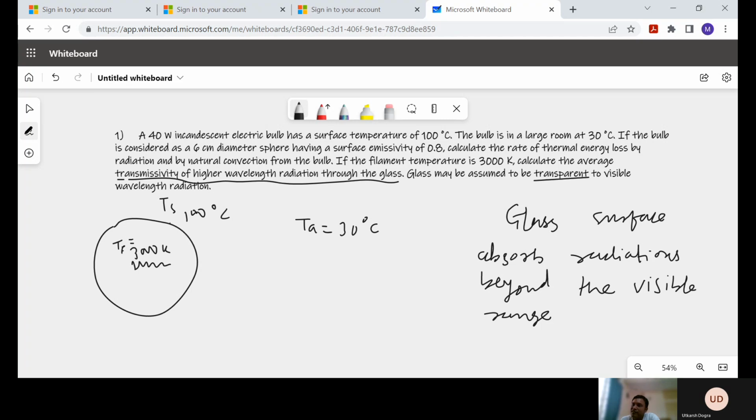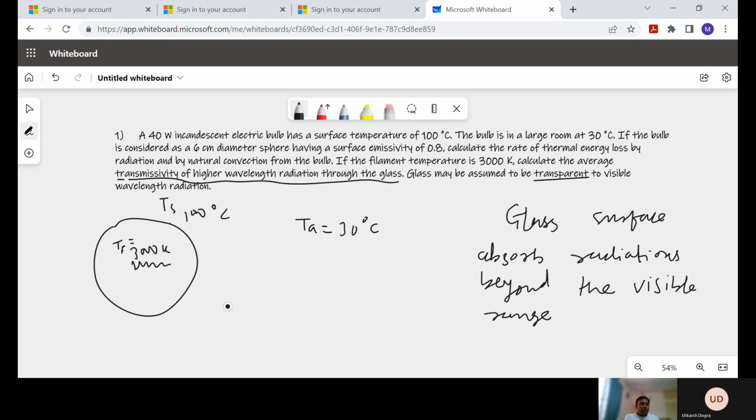That particular radiation divided by the total radiation beyond this visible range will give the absorptivity of this glass, isn't it? And 1 minus the absorptivity of the glass will be the transmissivity. Correct? Because there is no reflection here. Do you agree? Yes, sir.